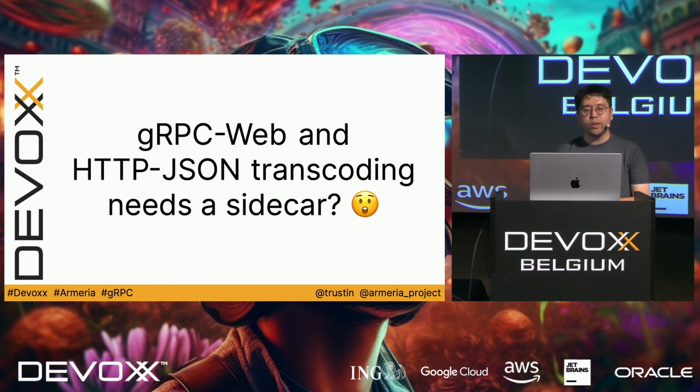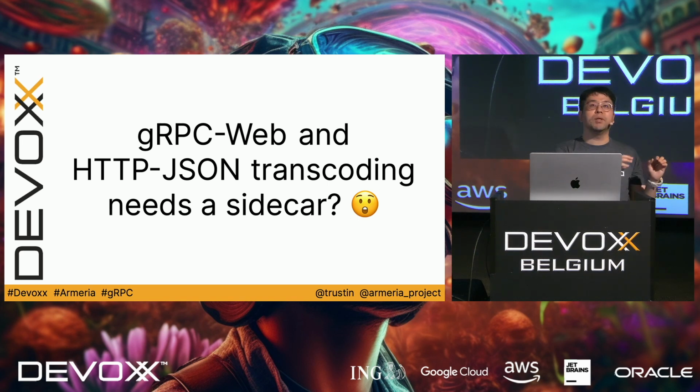What surprises many people when they adopt gRPC is that they realize they need a sidecar, even when they don't really want one. For example, in gRPC, there's a variant called gRPC Web. The gRPC protocol uses HTTP trailers, but HTTP trailers cannot be sent from JavaScript in a web application.